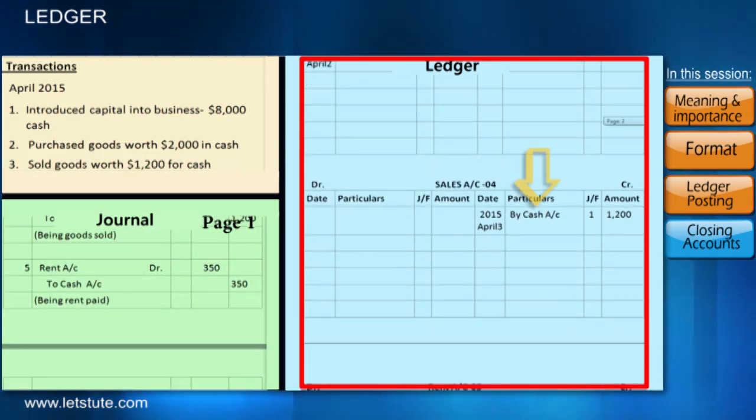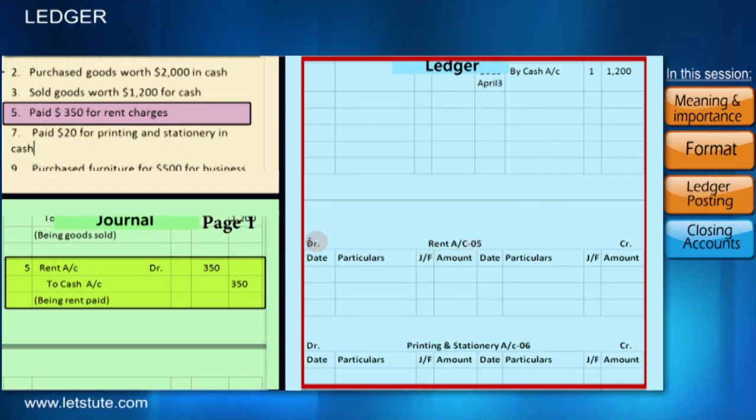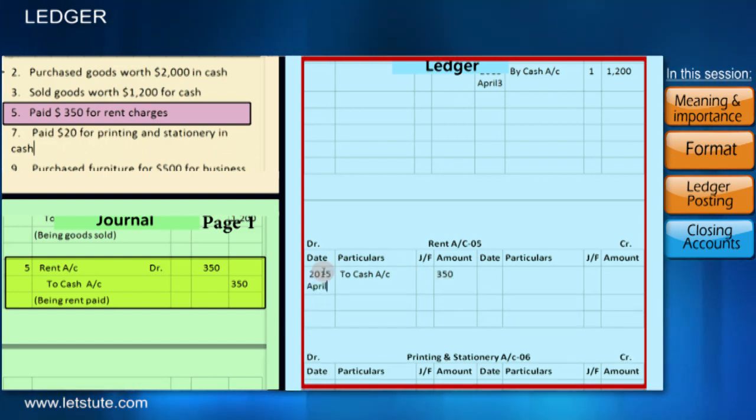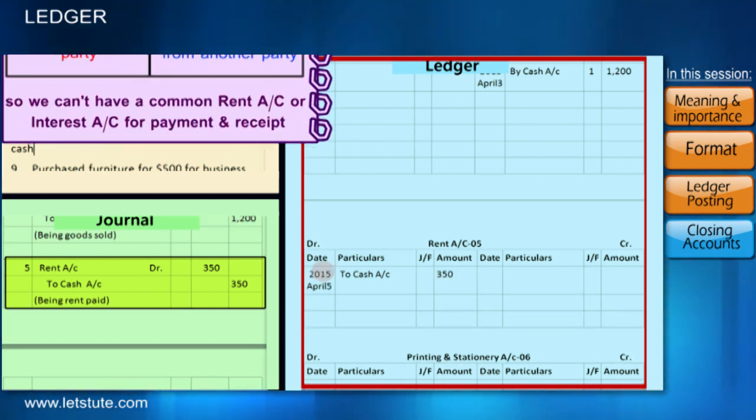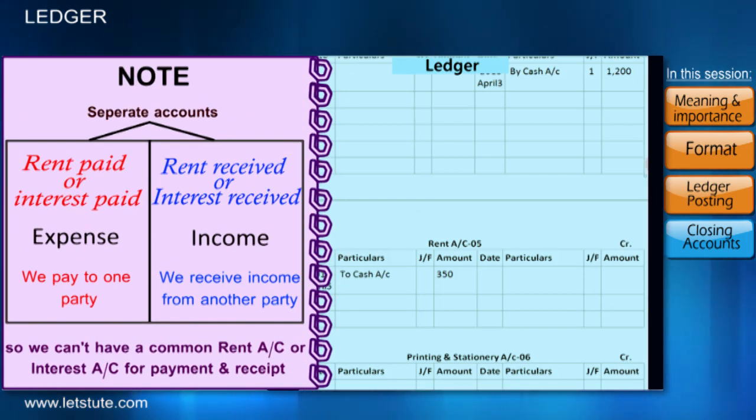Next one, rent expense account debit to cash account 350. That is on April 5. We have separate ledger accounts for rent paid and rent received or interest received because they come from different parties and go to different parties.